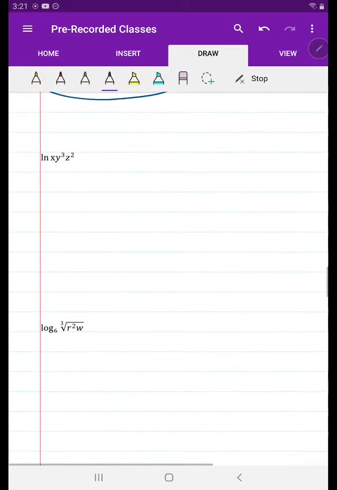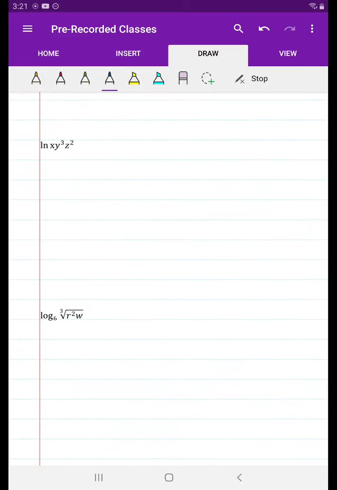And so all of these rules that we've learned today for logs also apply to natural logs, okay? So this next piece here, we can do all the same rules that we've just talked about, even though it's a natural log. So all of this is multiplication, so I'll start off by splitting it all up with addition. So this will become natural log of x plus the natural log of y cubed plus the natural log of z squared.